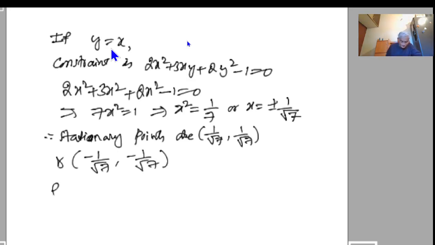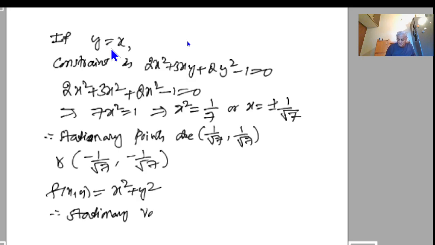And here, what is my f of x comma y? This is equal to x square plus y square. Therefore, stationary value is at both the points here. See here, this is power 2, this is also power 2. If you put x equal to 1 by root 7 or minus 1 by root 7, y equal to 1 by root 7 or minus 1 by root 7, we are getting this value same.